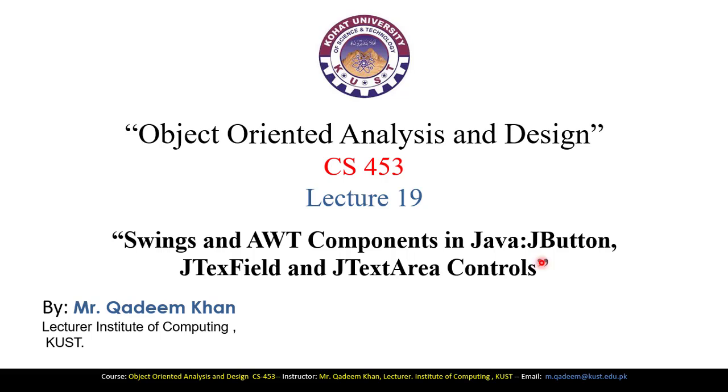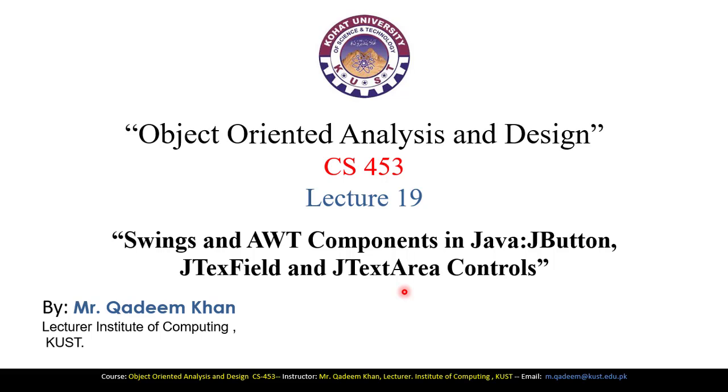Dear students, this is another lecture of the graphical user interface. We have already covered JButtons, but because this control is vastly used, we want to cover this control again with different examples here. And also we will cover the JTextFields and JTextAreas. JTextFields and JTextAreas are two input controls because they take input from the users and also create the output as well.